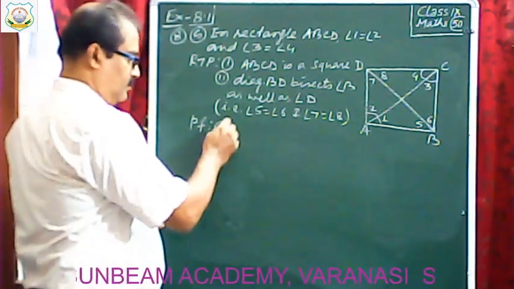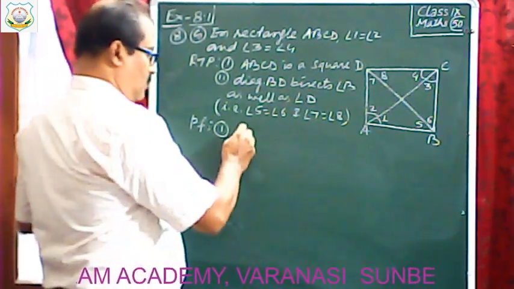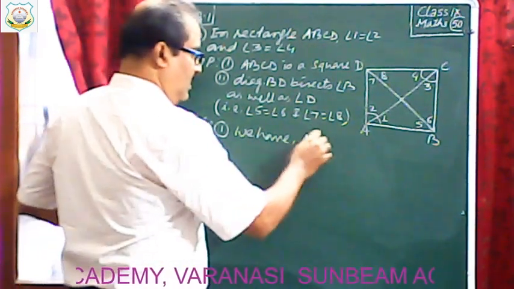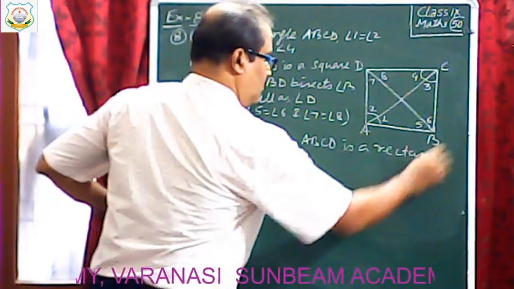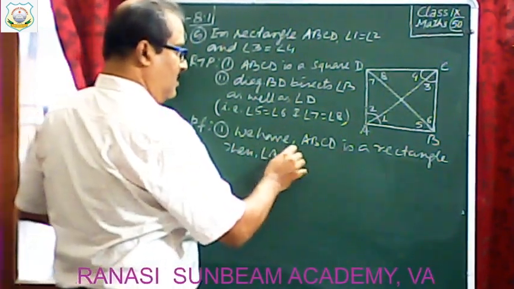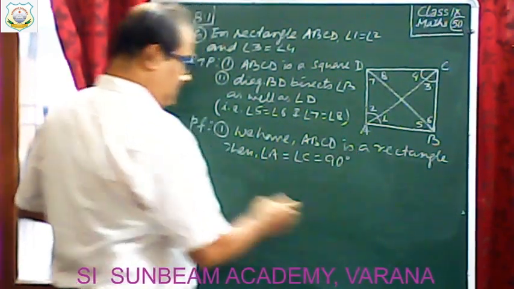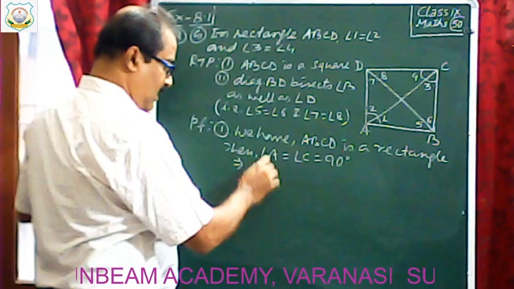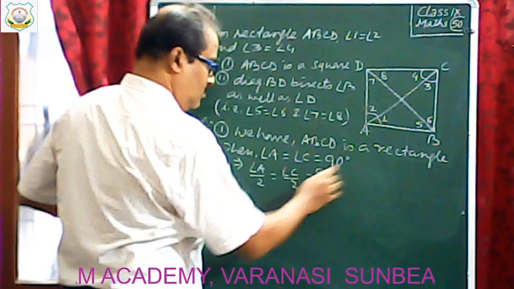First, what we have: ABCD is a rectangle. Then angle A equals angle C equals 90 degrees, which implies that angle A by 2 also equals angle C by 2 equals 90 by 2.